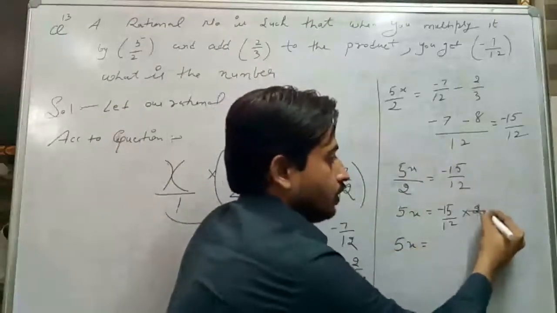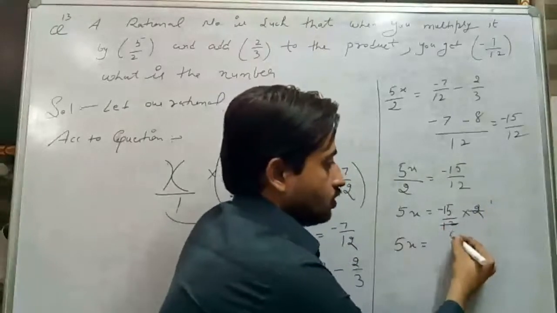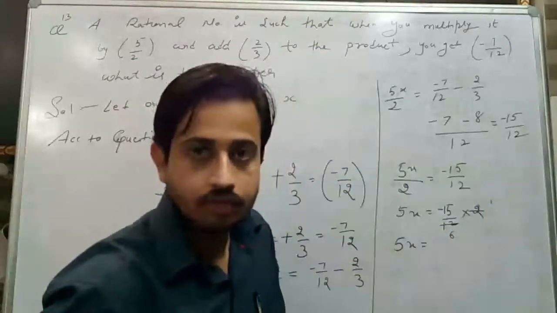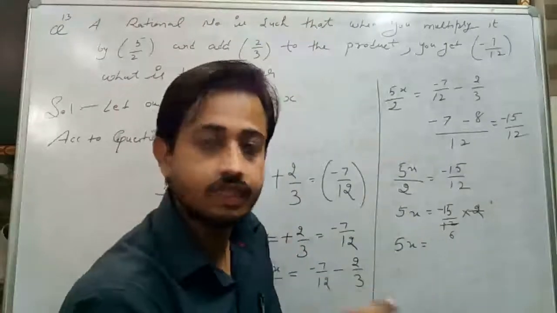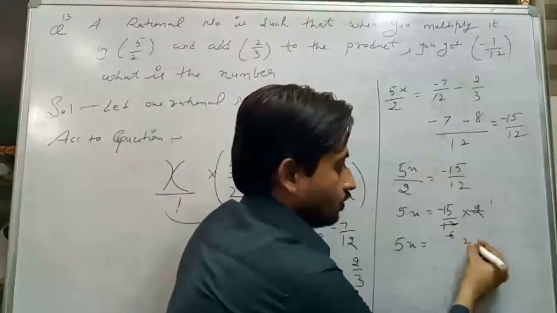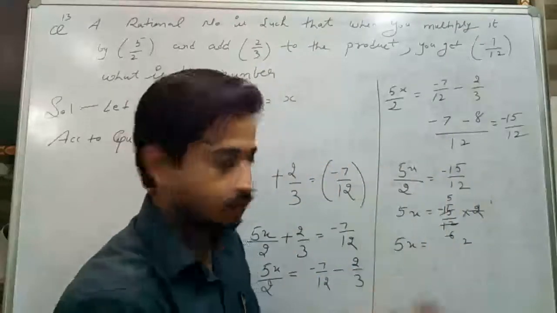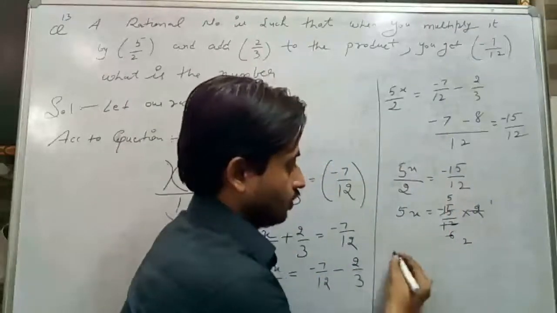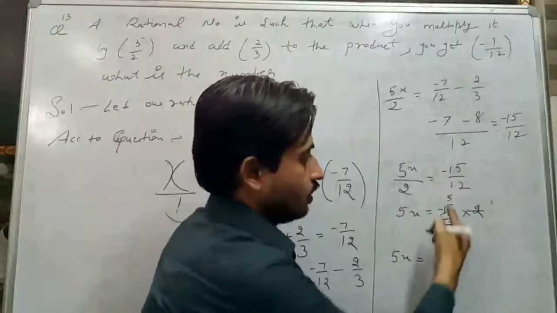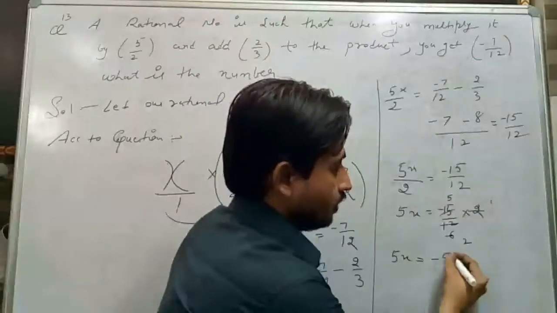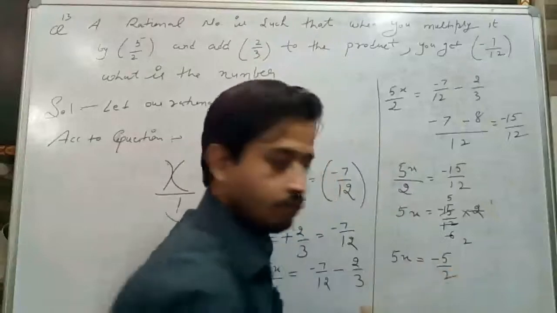If we cut 2, 2 ones are 2, 2 sixes are 12. And if we cut 3, 3 twos are 6, 3 fives are 15. Then what will we get? 5x is equal to minus 5 divided by 2.